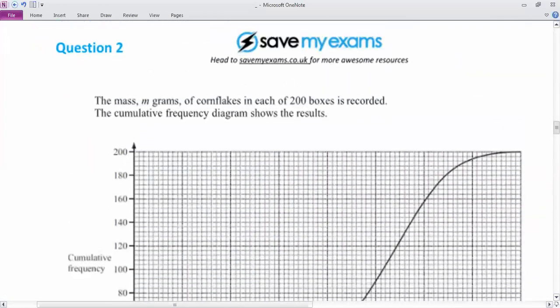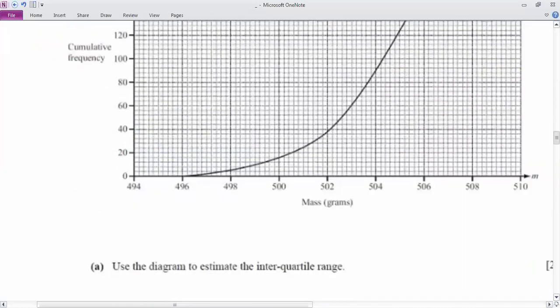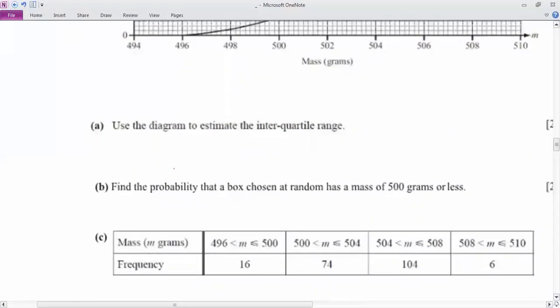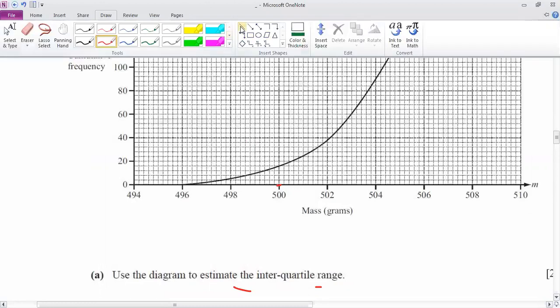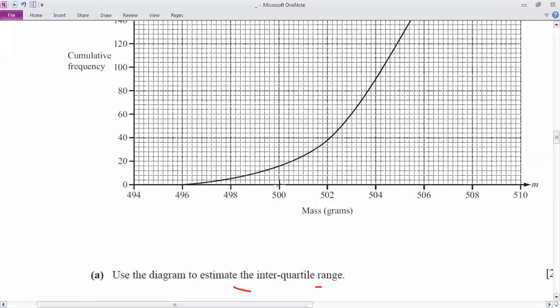Again, this is a cumulative frequency curve. Use the diagram to estimate the interquartile range. You will be able to find it. There is no problem. Find the probability that a box chosen at random has a mass of 500 gram or less. For this one, 500 gram or less. Where is 500 gram? This is 500 gram. So from 500, first find how many have less than or equal to 500.